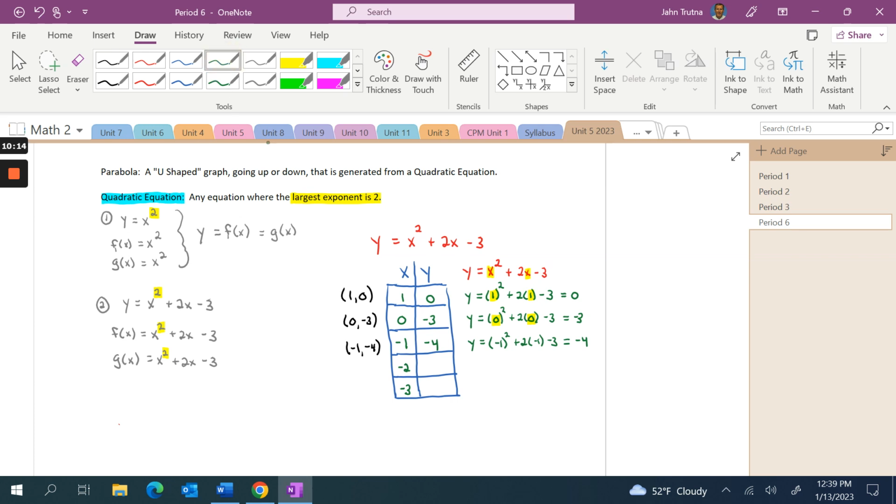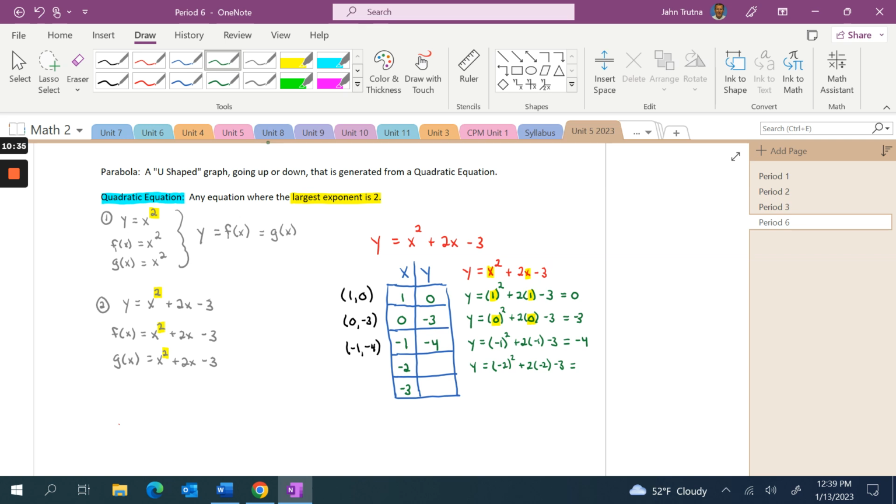Let's substitute -2. My equation becomes y equals -2 to the second power plus 2 times -2 minus 3, and then I'm going to work that out and see what it equals. You should be able to work this out accurately.